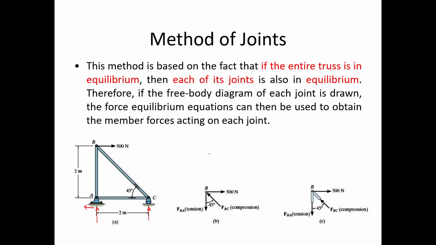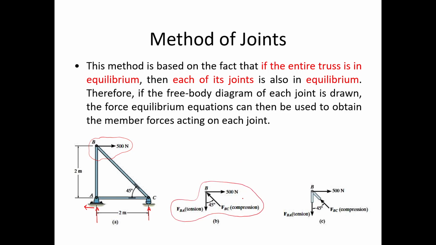Okay, so you may start at different points. The diagram presented shows the FBD of point B. How did this figure come up?